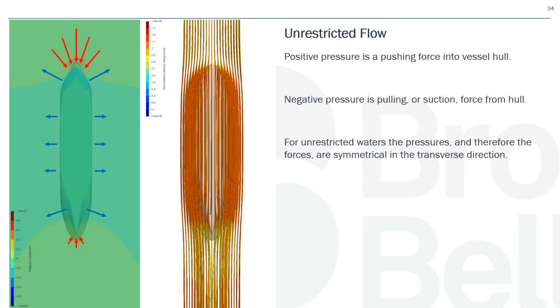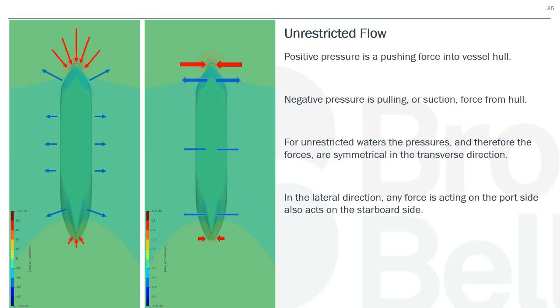So this solution we're looking at here is for an open water case, an unrestricted flow. Your vessel is obviously symmetrical, so your flow field around your vessel is symmetrical. And what that means when you start to sum up your forces in the sideways, lateral direction, is that you have a positive pressure coming in your port side, but you've got an equal positive pressure acting in the opposite direction on your starboard side.